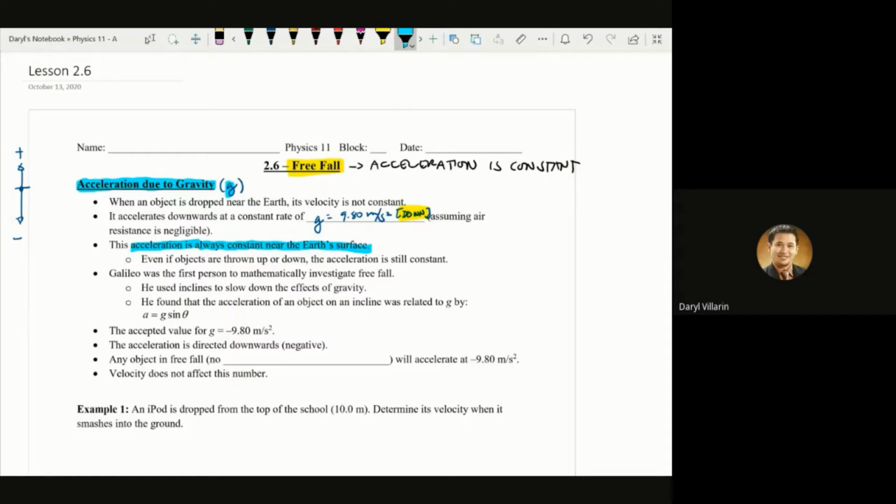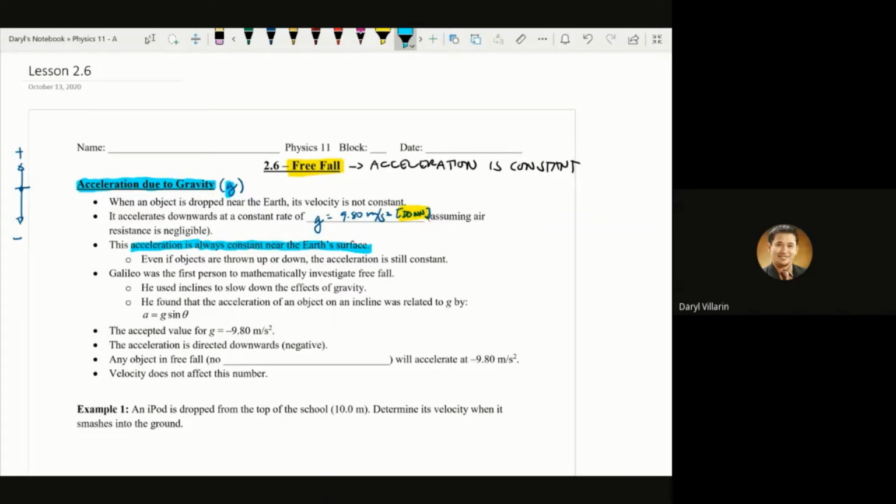At the same time, if you are throwing the object downward, the magnitude of the velocity increases, but since the velocity becomes more and more negative, delta v is negative also. So you have a negative acceleration. In both cases, throwing upward or downward, the acceleration is negative.